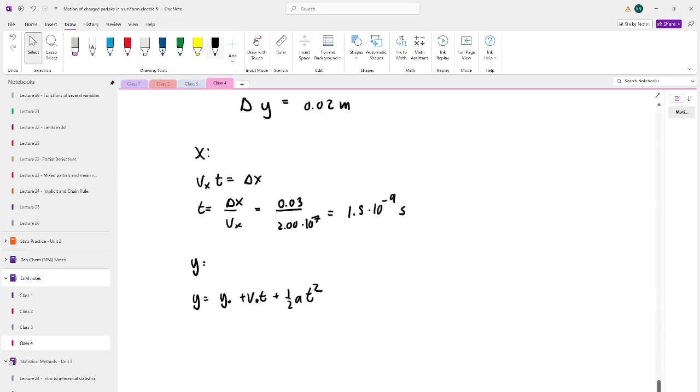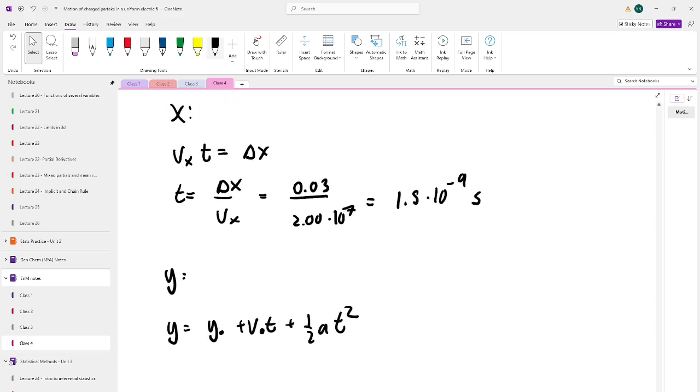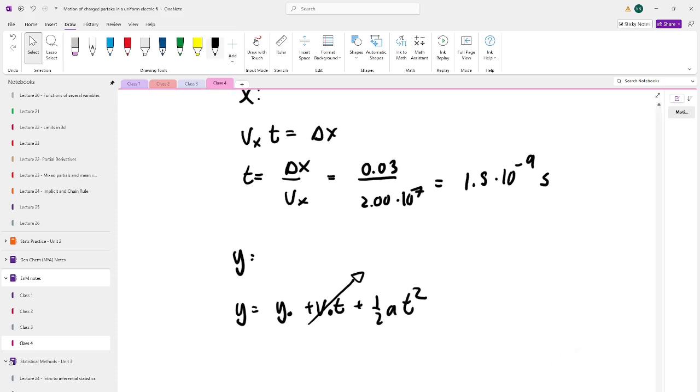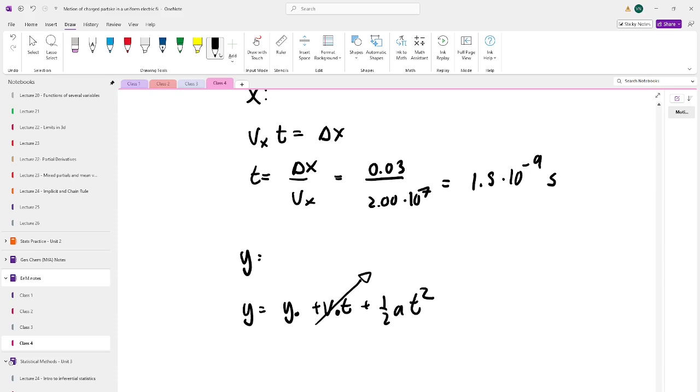Okay, so first of all, we know that because the electron is moving horizontally initially, it has no initial vertical movement, so that is equal to 0. And then we can move y naught over, so we would get that essentially the change in y is equal to 1 over 2 a t squared, right?